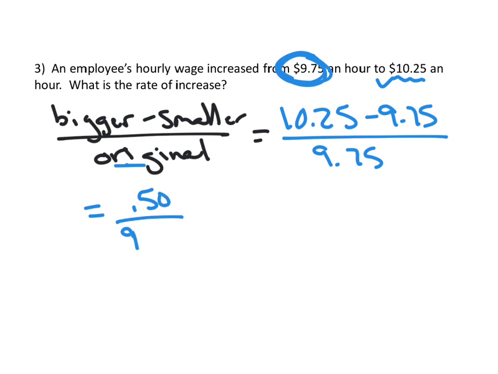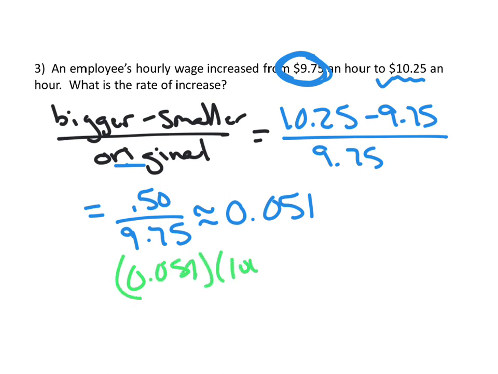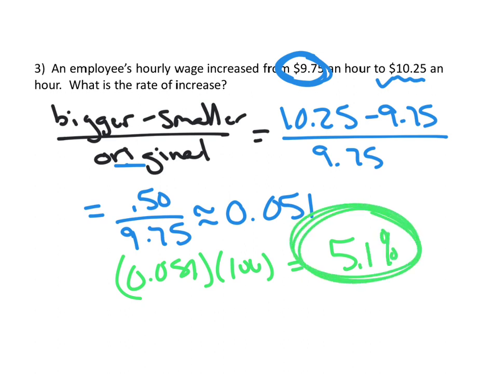We're going to divide by that $9.75. Now, this one doesn't come out an exact number, so it's approximately 0.051. So that means if we take that and multiply that by 100 to get our percent, we have a 5.1% increase. So this person got about a 5% raise.